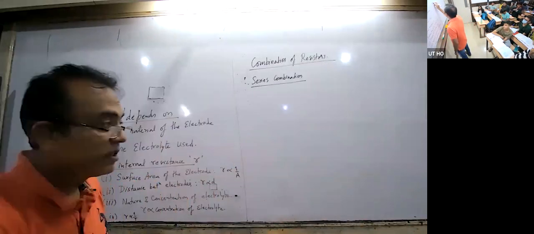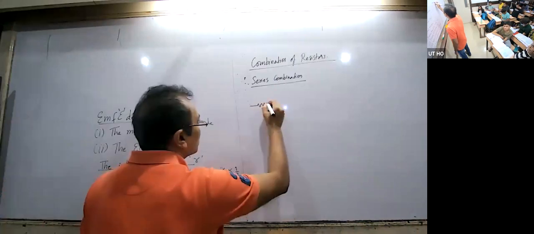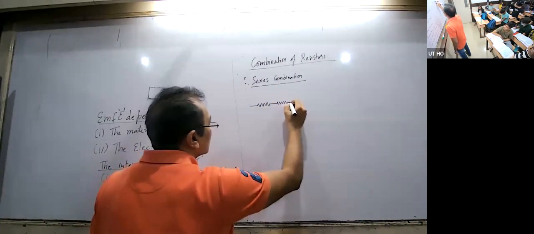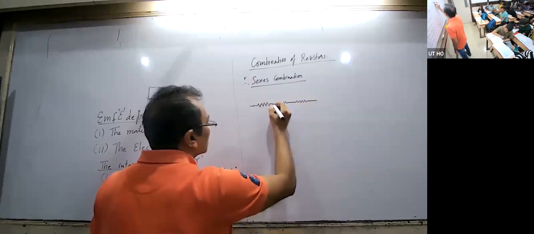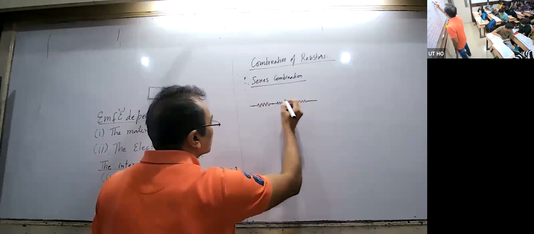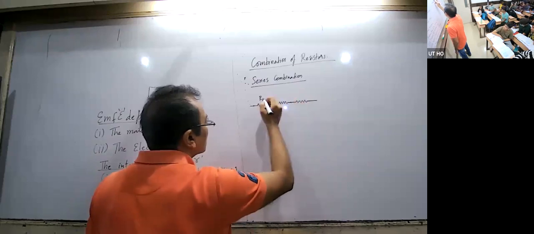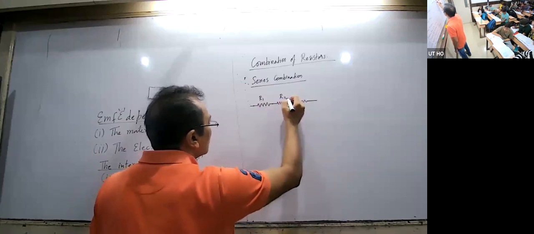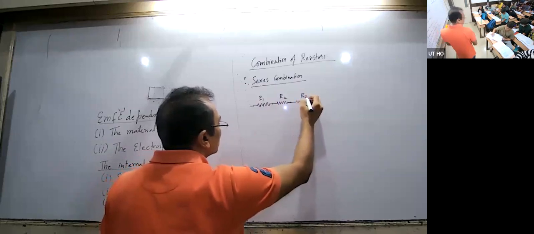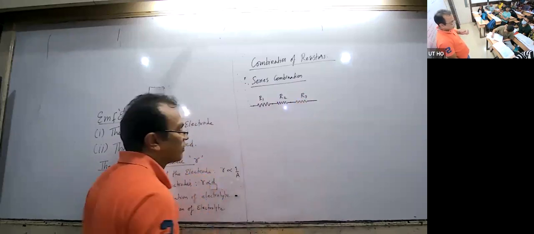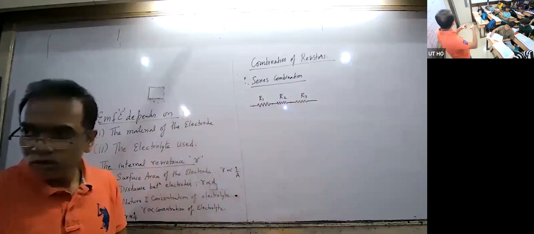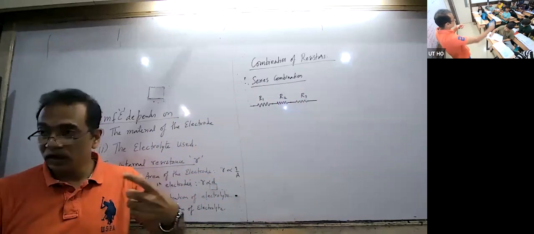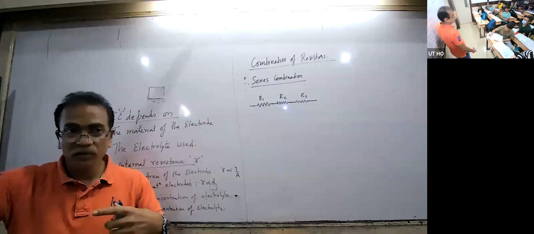When they are connected like this, one after the other. Okay. So there are three resistors, 1, 2, and 3. So you saw those resistors, right? Color-coded resistors. It has two terminals. So when one terminal is joined to the next resistance and repeated, they are said to be connected in series with each other.